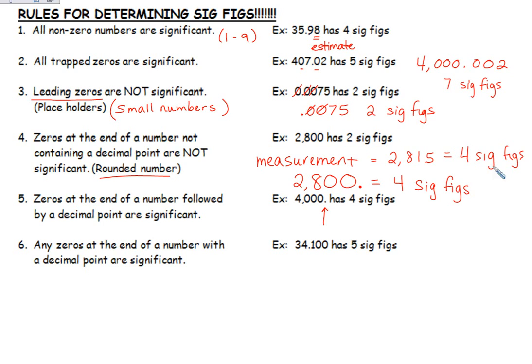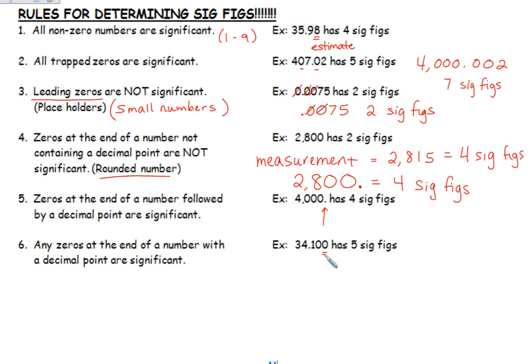The last one, rule number 6: any zeros at the end of a number, as long as there's a decimal spot anywhere in the number, they are significant. Okay, so this guy here, again, this would have been our estimate. They knew it hit the 34.1. It did not hit the 34.11.